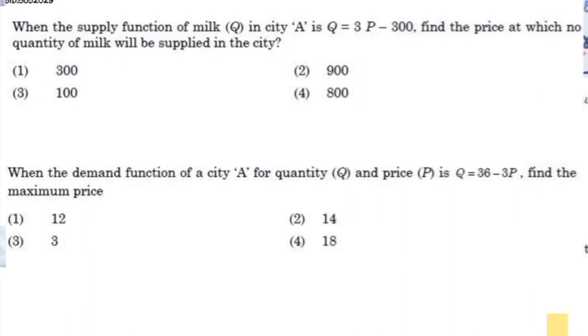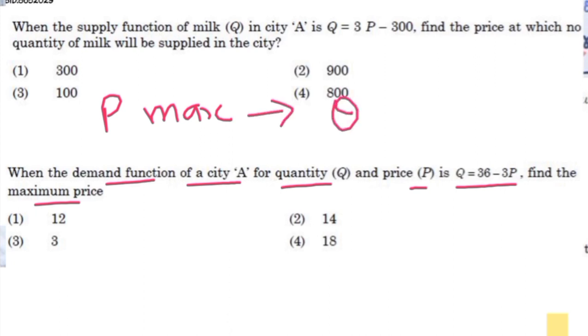Next question is, the demand function of a state for quantity and price is given, that means quantity is equal to 36 minus 3p. We have to find out the maximum price, okay. So price, let me write it here, p will be maximum when q is equal to 0. Simple thing.